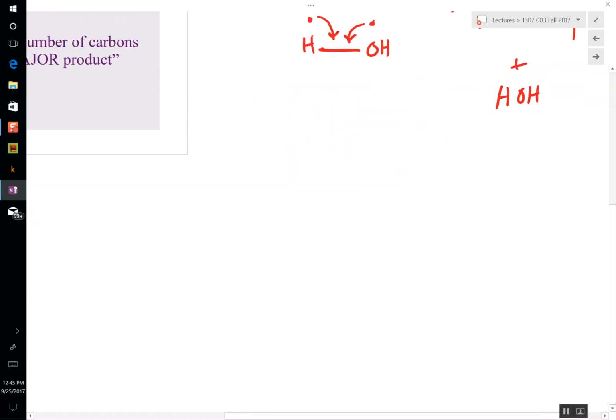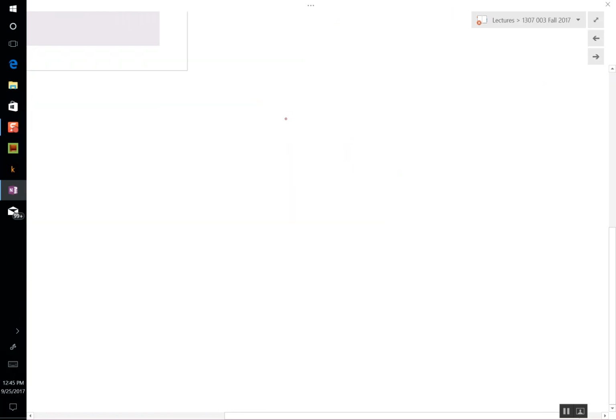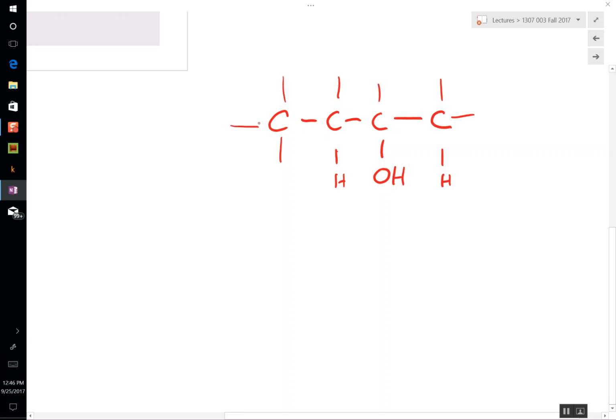Well, let's go one step further, to this molecule. You can see I'm just doing lines for the hydrogens that are irrelevant.